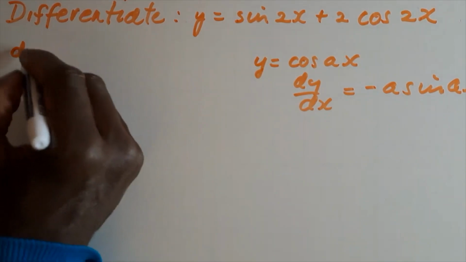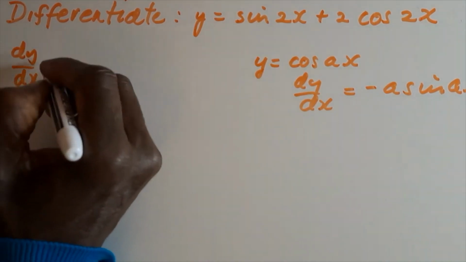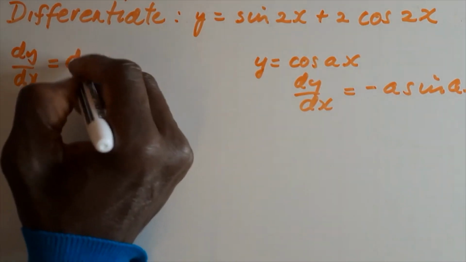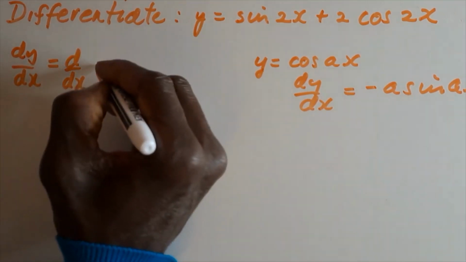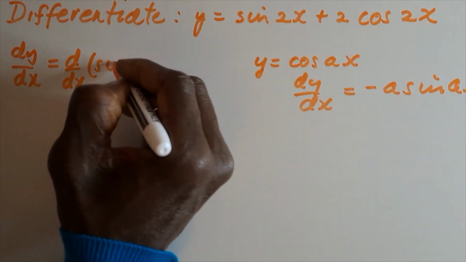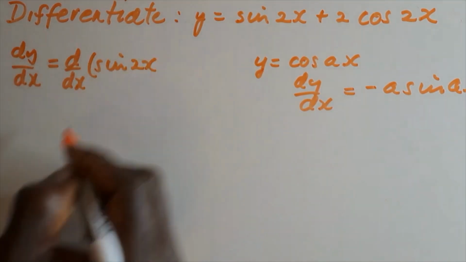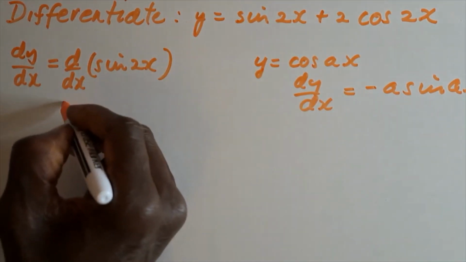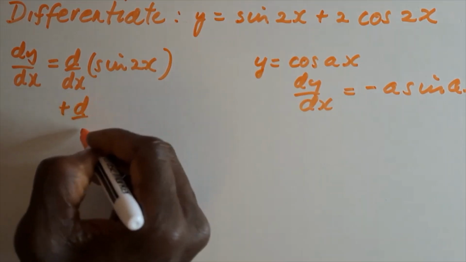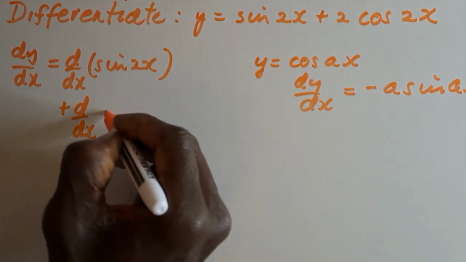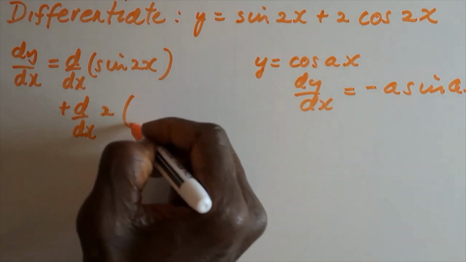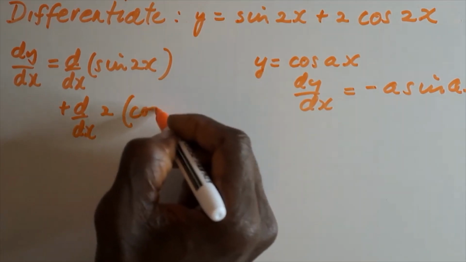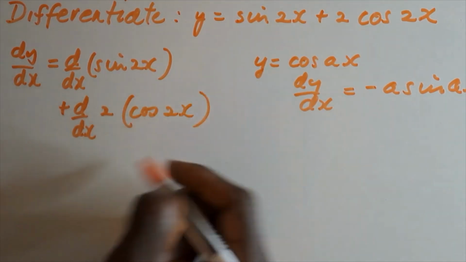So dy dx is d dx of sine 2x added to d dx of cos 2x times 2.